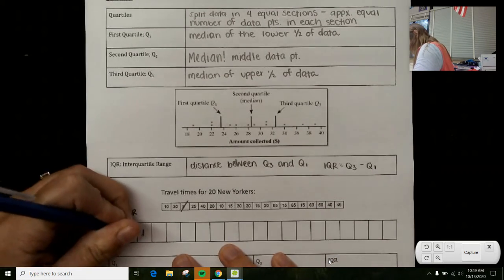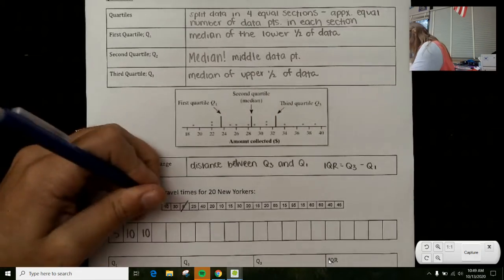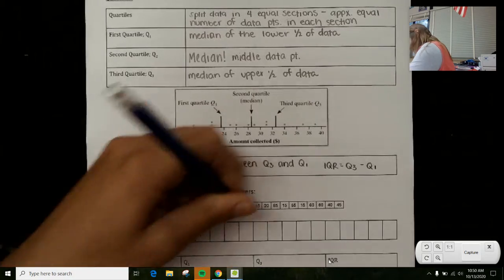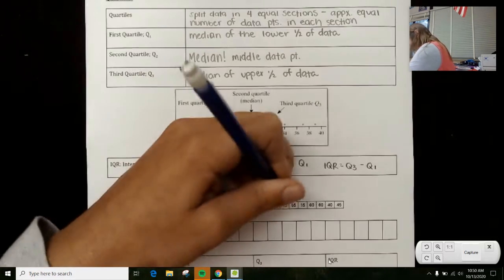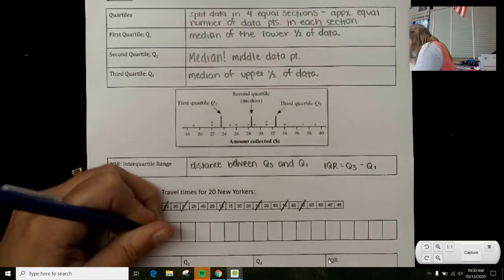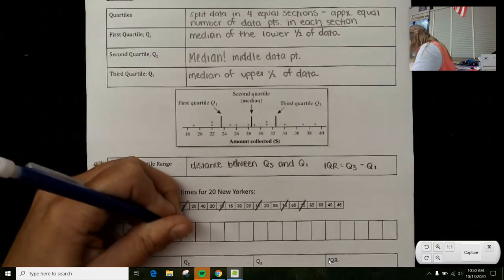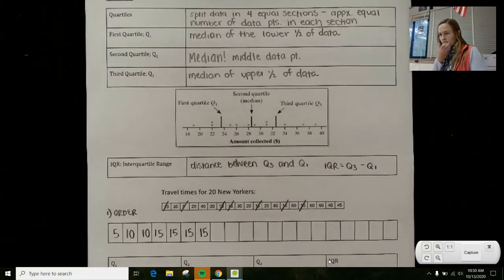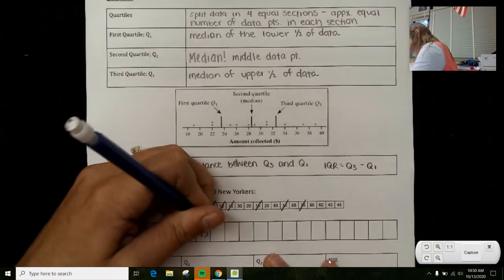And then I think I'm going to 10. 15 is next, and I have a couple 15s. I think I have 3, 4. Then I've got 20.